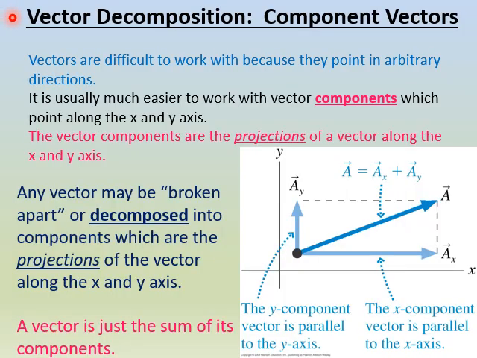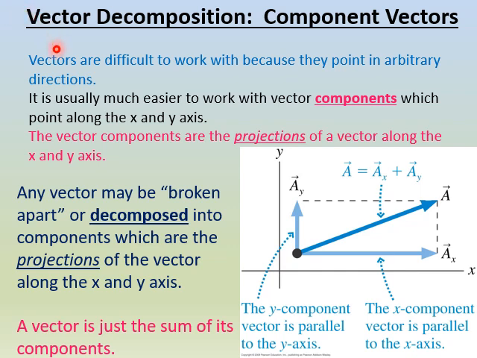Now we're going to turn to something a little more powerful, and that is working with components of vectors. Technically, what we're doing here is a vector decomposition, which means we're breaking up a vector into its constituent component vectors.